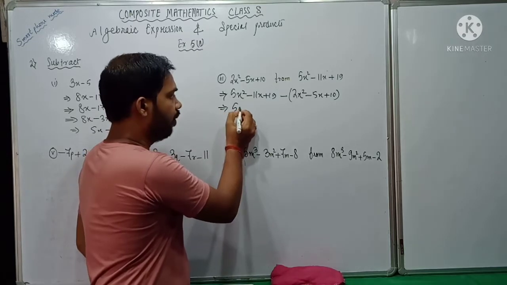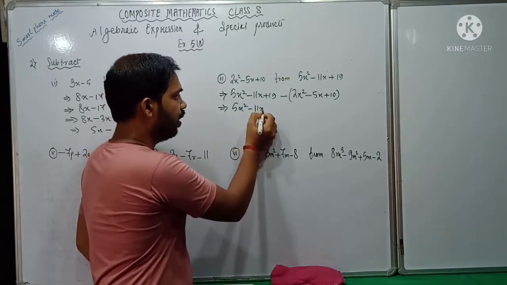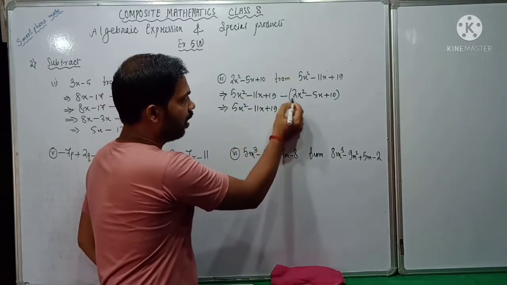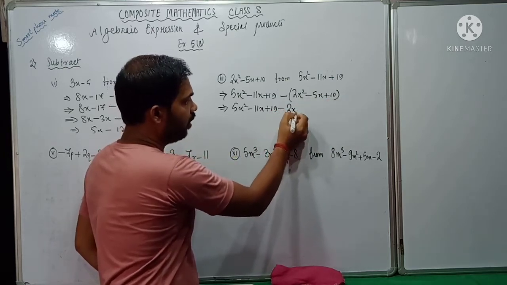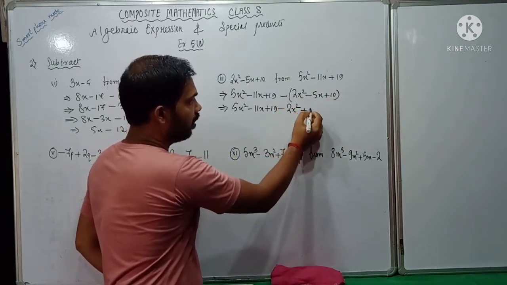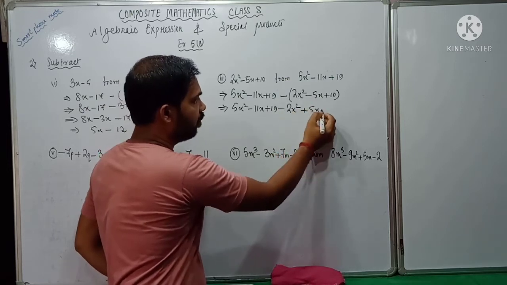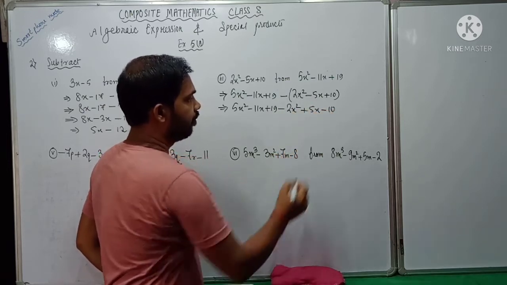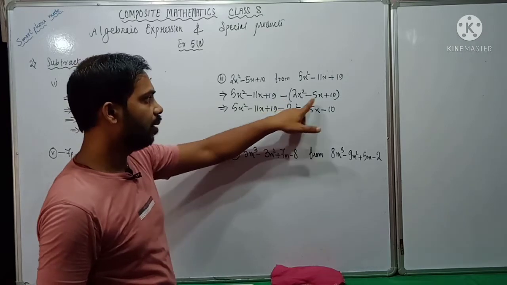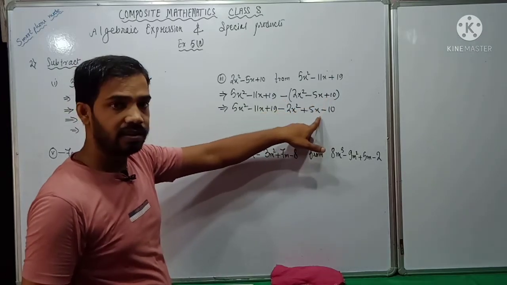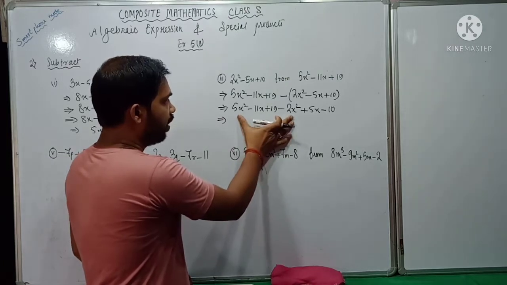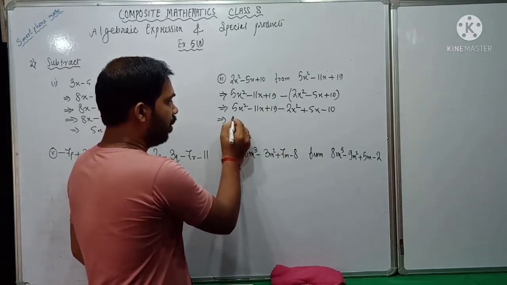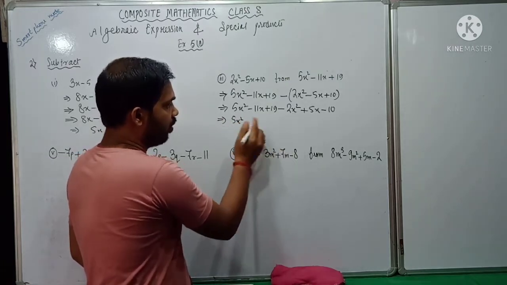So it will be 5x square minus 11x plus 19. Now if I multiply this minus, then it will be minus 2x square. Minus minus is plus 5x and minus plus is minus 10. Okay, see, I have only multiplied the minus and the sign has changed. Now you bring the like terms nearer, so it will be 5x square and 2x square.